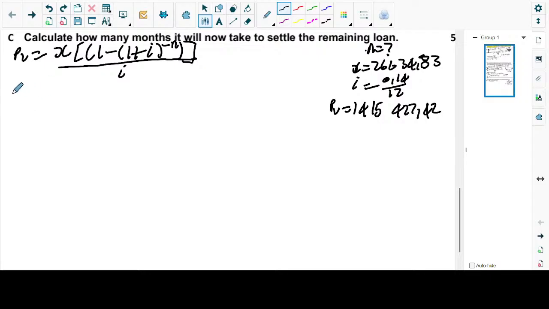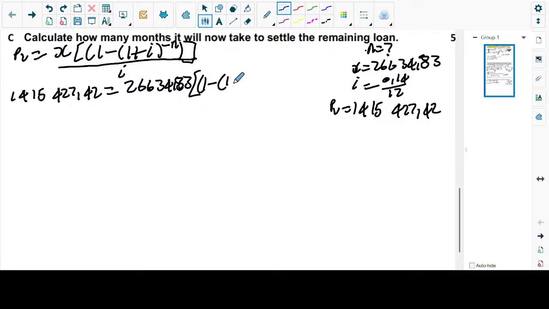So we have 1,741,427.42 equals our X, which is 26,634.83, times the bracket 1 minus (1 plus 0.14 all over 12) to the power minus n, close the bracket, all over 0.14 all over 12.